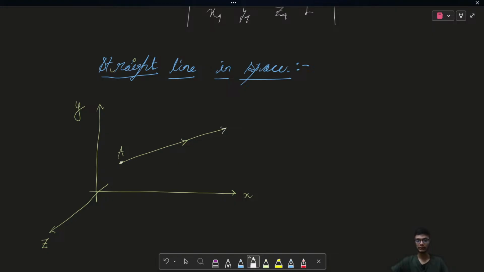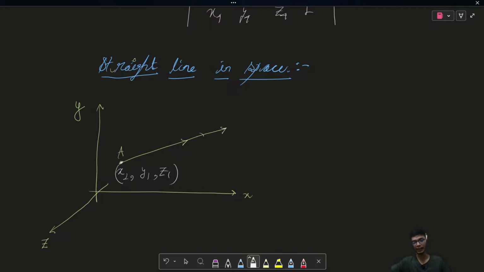Now let us say the initial point is the fixed point, and I know the coordinates of the fixed point as x1, y1 and z1, with position vector small a.